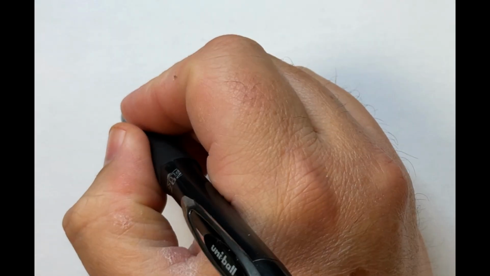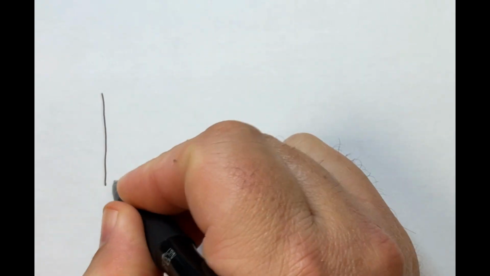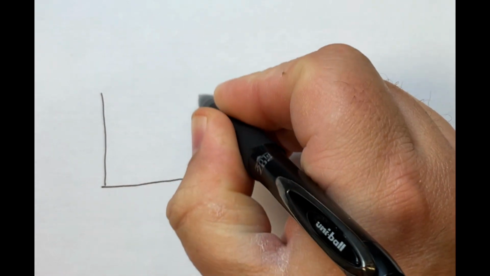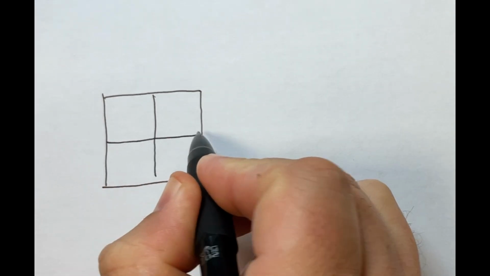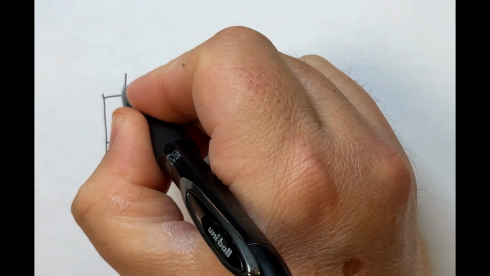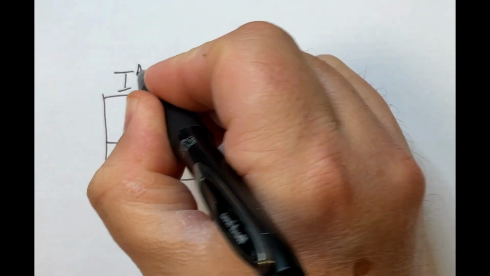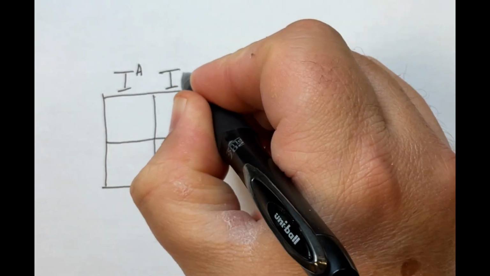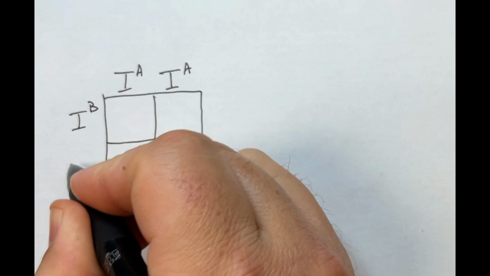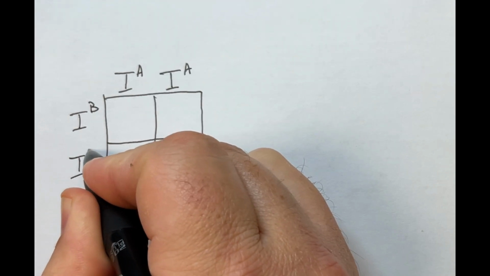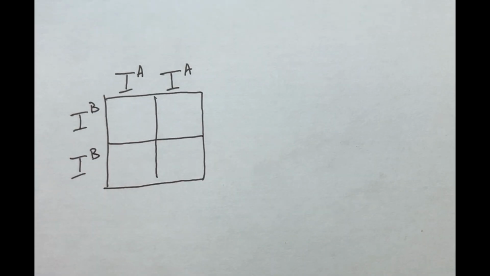And so in this situation, we could have a type A individual, and being type A could look one way, where they have two dominant alleles for the type A blood type, or they could be type B and have two type B alleles for the B blood type.